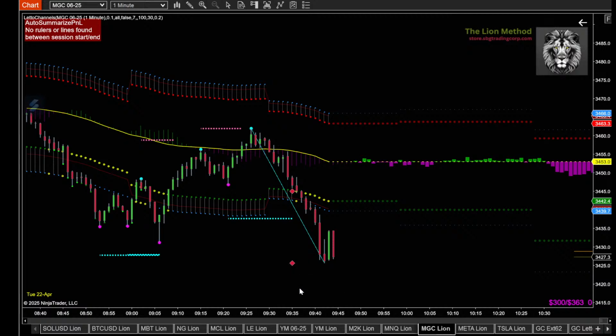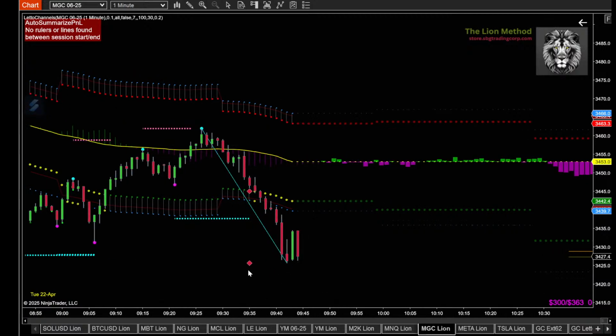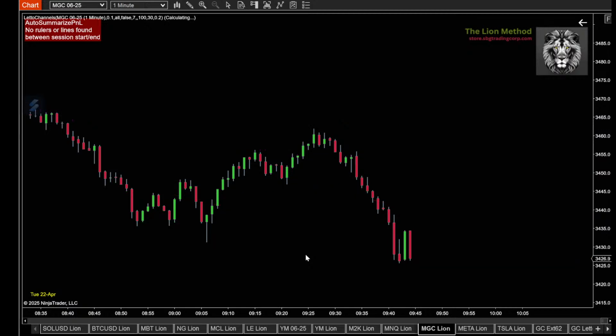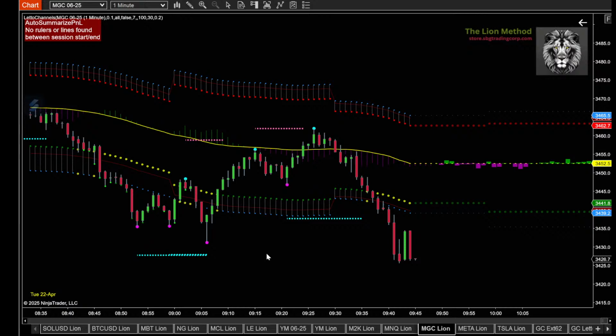See these diamonds here? Those diamonds are from the Leto channels, and they'll print when we go into the overbought, oversold locations. There, so here's a diamond. It just shows that we went into oversold, and it starts with the first band of the edge and ends with the lowest low of the move, and then we start going up.